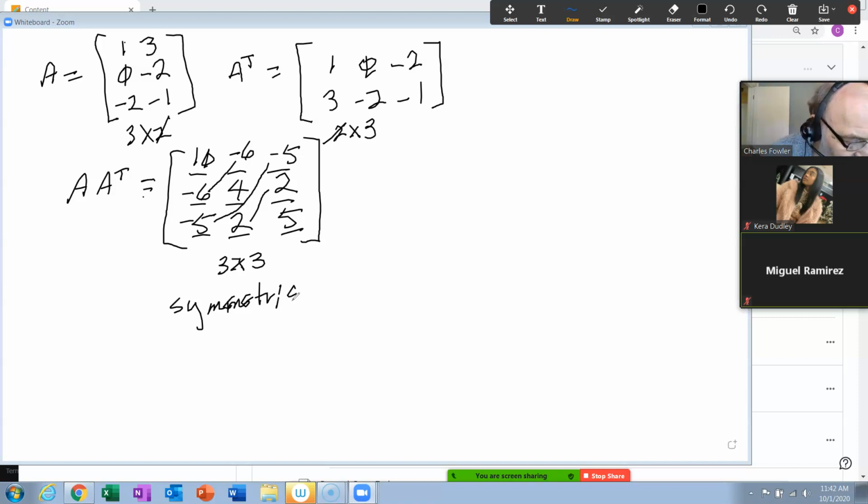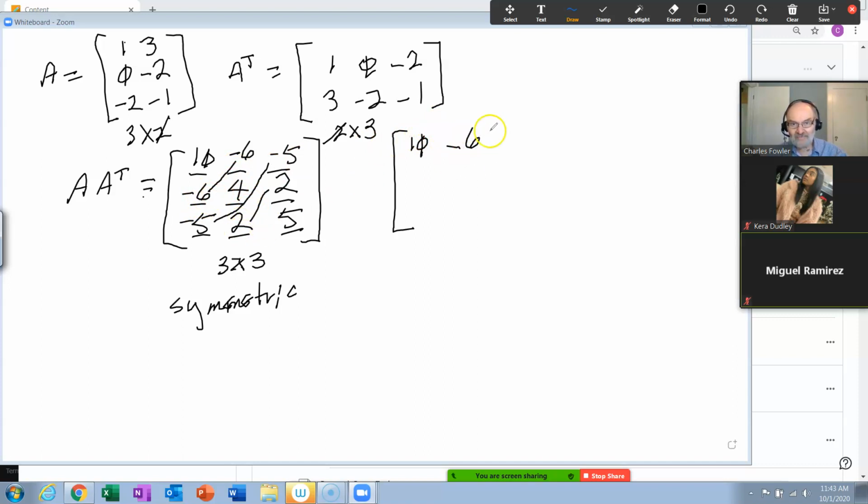And the reason it's symmetric, if we did the transpose of this one, you would get, and this is actually the definition of a symmetric matrix, it's equal to its own transpose. Okay? If you did the transpose of that, you'd have a 10, and then you come down here and you have a minus 6.